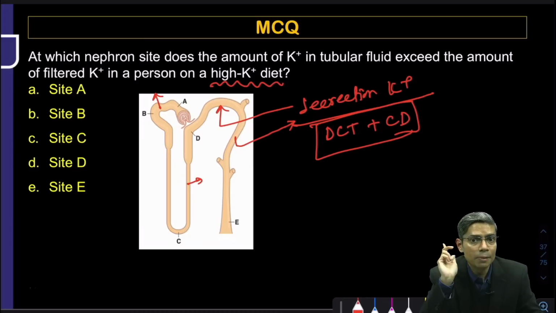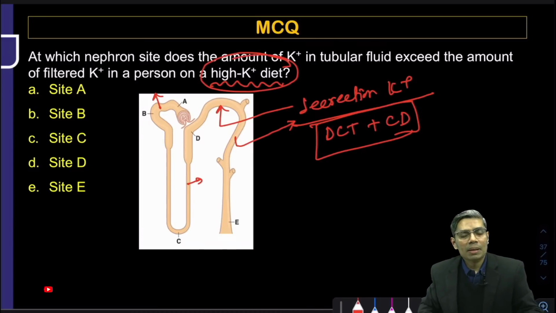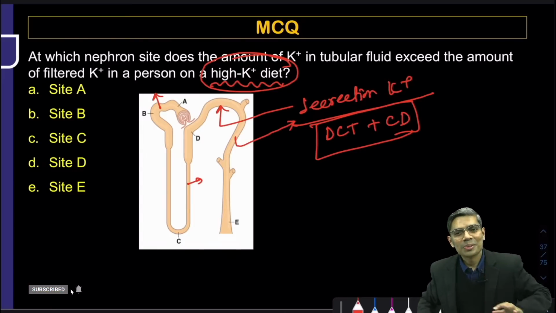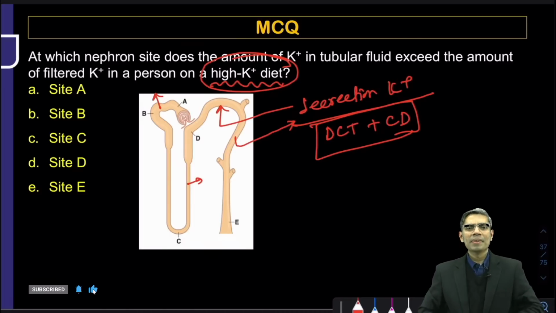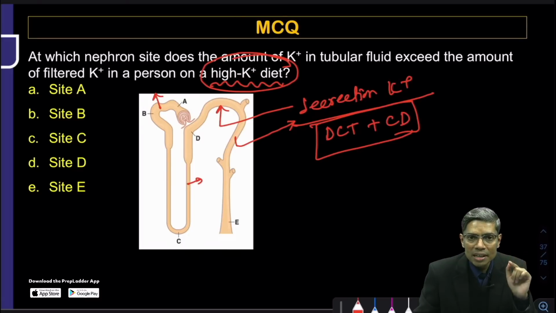Remember. Okay, now when the person is taking high potassium diet, body will try to get rid of potassium. When you are taking high potassium diet means your blood contains huge amount of potassium, the body will try to get rid of potassium. How to get rid? You have to secrete more potassium. So where from the secretion will happen?